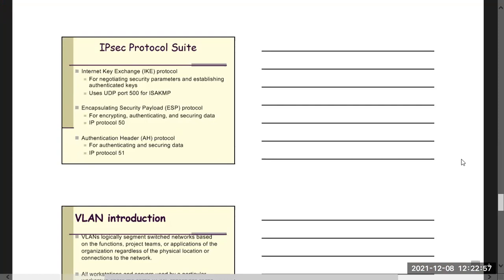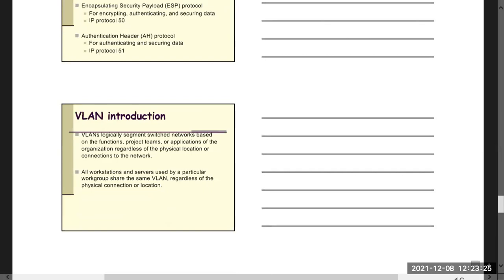And as I have already discussed, the Encapsulating Security Payload protocol, for encrypting and authenticating and securing data, uses IP protocol 50. And the Authentication Header, for authentication and securing the data, uses protocol 51. So this is all about IP security.